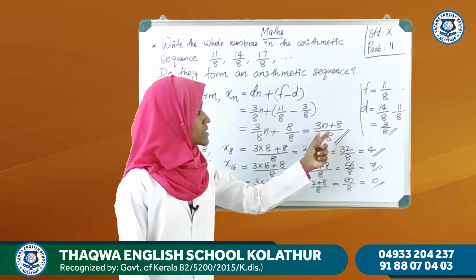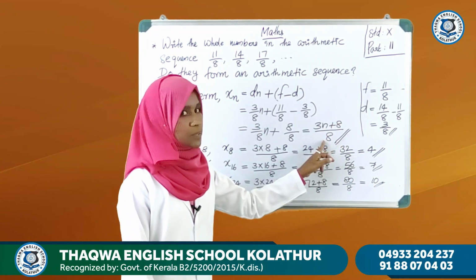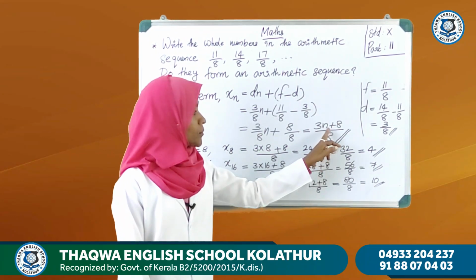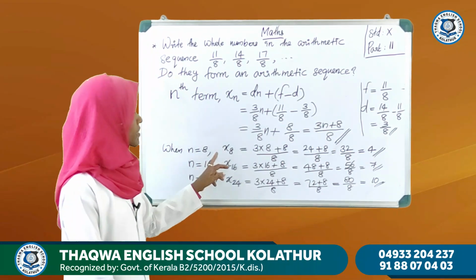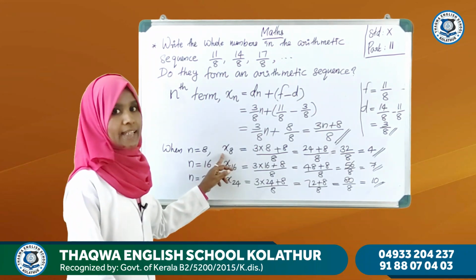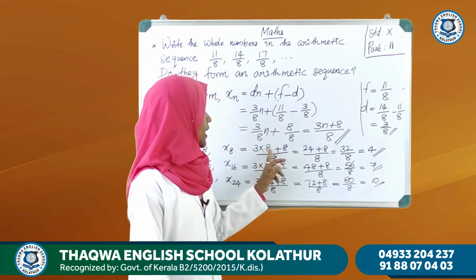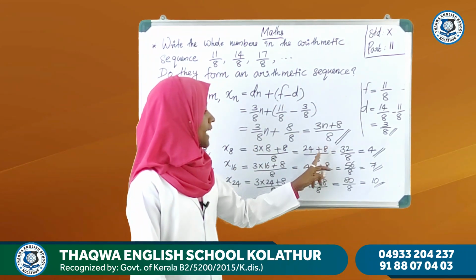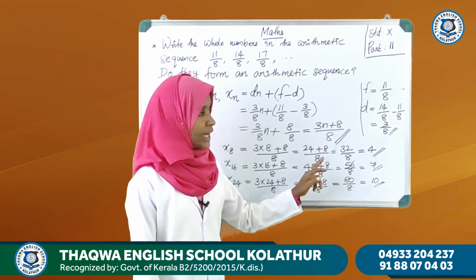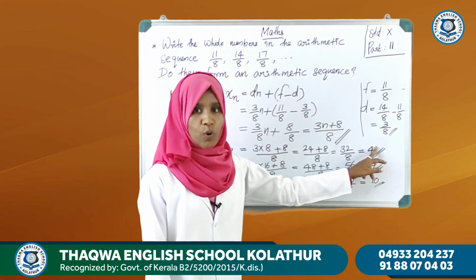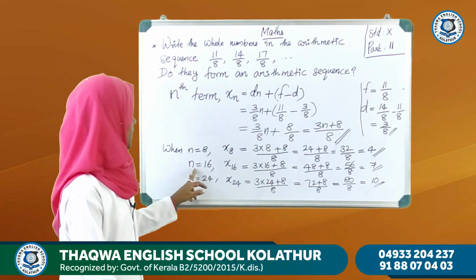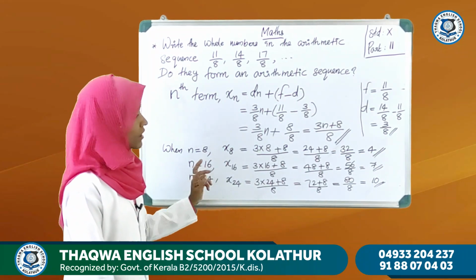Our nth term is 3n plus 8 by 8. So, substitute n equals 8. So, x8, that is the 8th term is 3 into 8, 24 plus 8 by 8. That is 32 by 8. The value is 4.